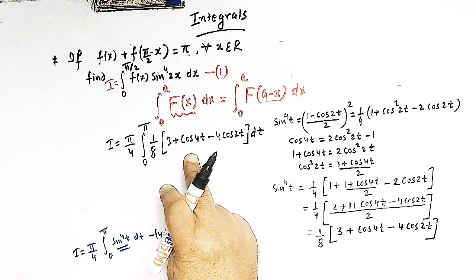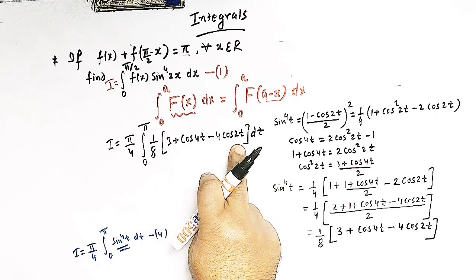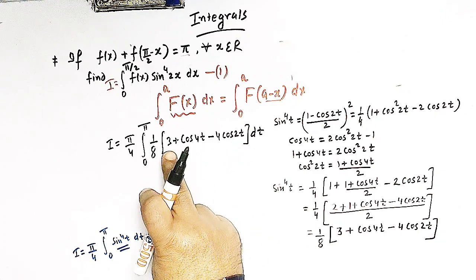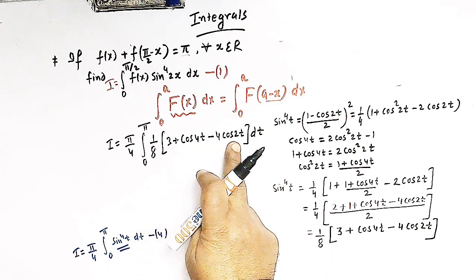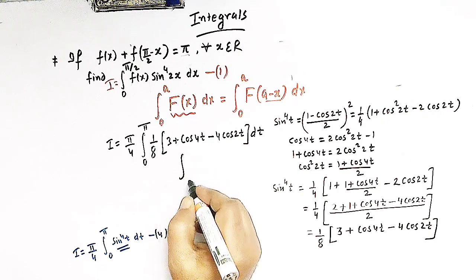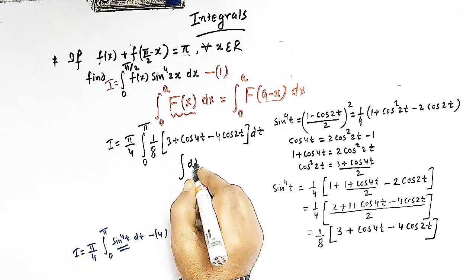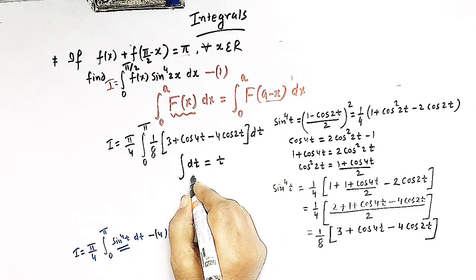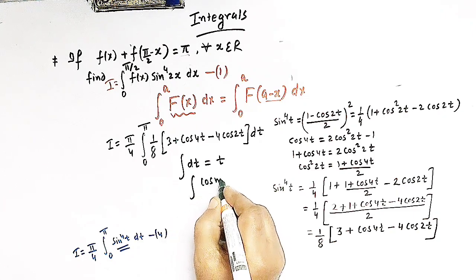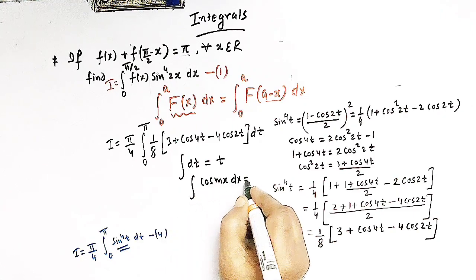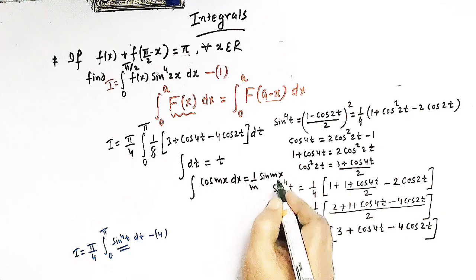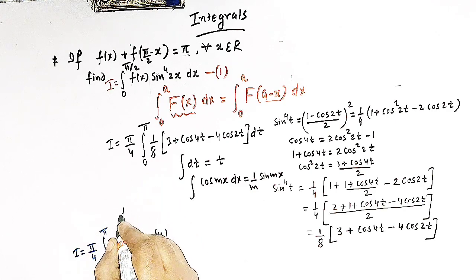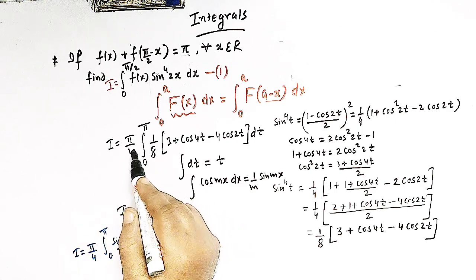So now we can easily integrate this expression, because we know the integral of 3 dt and then cos 4t and minus 4 cos 2t. So here we'll make use of this result, that is integral dt is t, and integral of cos mx dx is given by 1 over m, and here we have sine mx, right? So now we can write I is equal to here 4 and 8 can be multiplied.